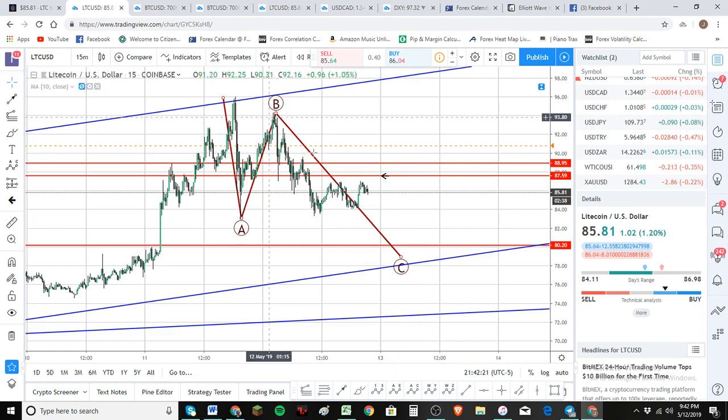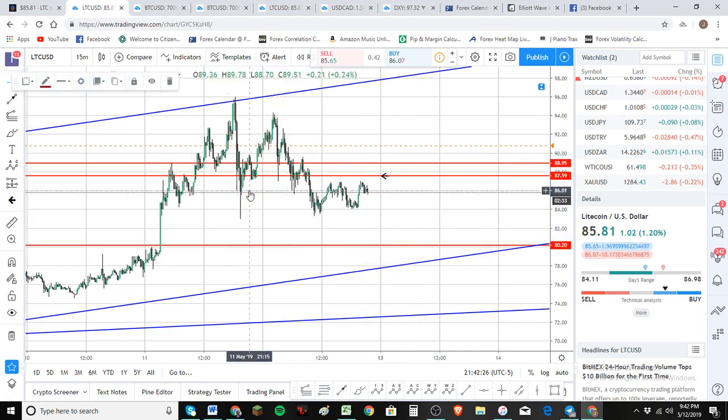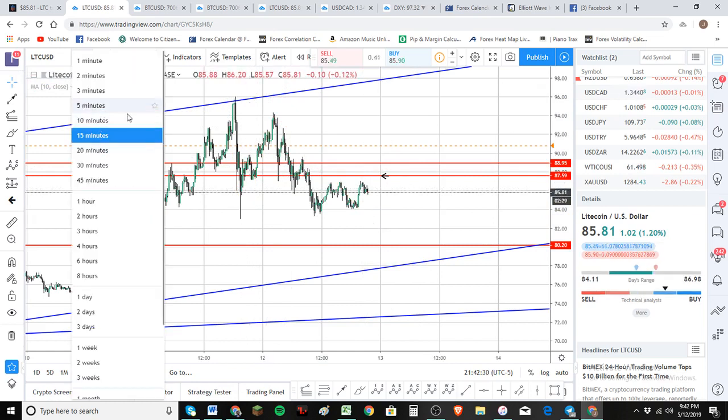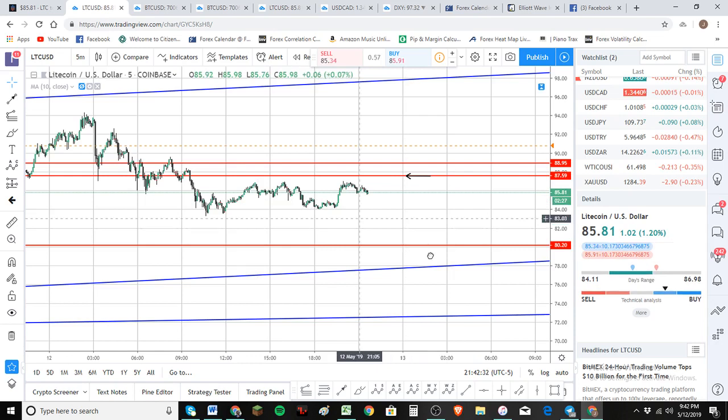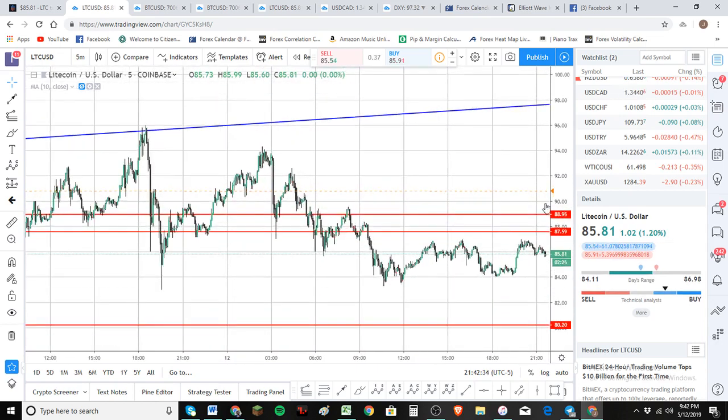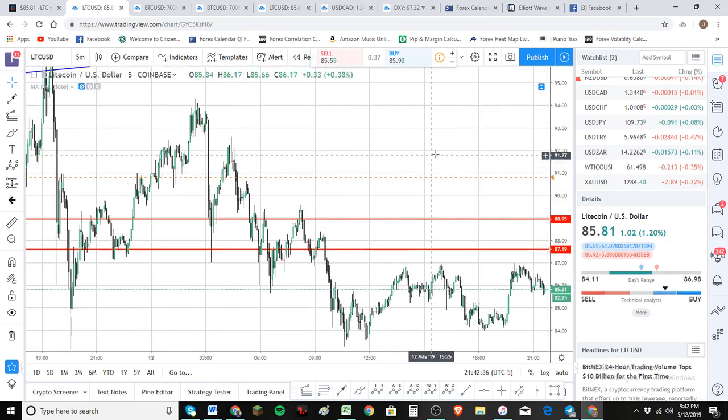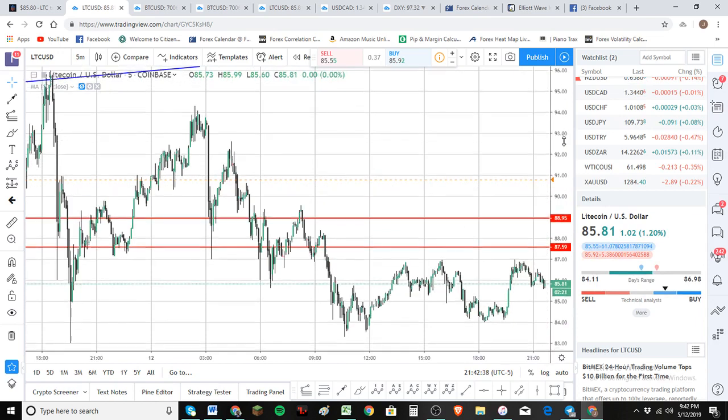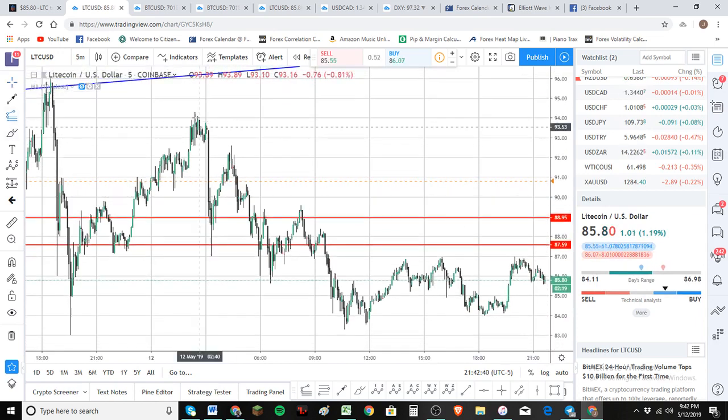Now, can we project this wave here based on what we're seeing? Well, let's check it out. Let's go to the 5-minute chart, and let's just try to put some fibs on this and see what we're seeing here. So if this is a C wave, it needs to be 5 waves down.